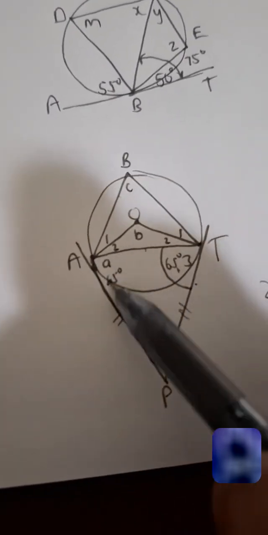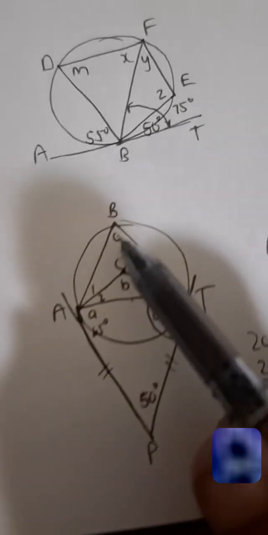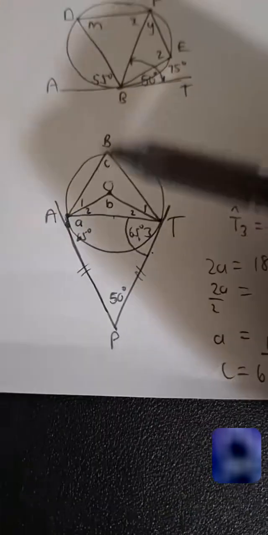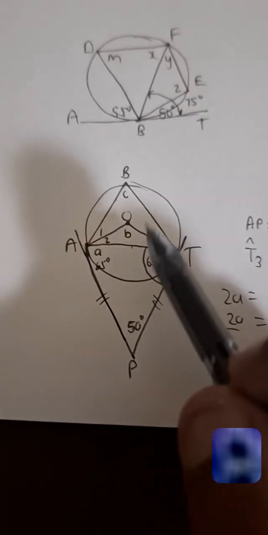So either way, C is equal to 65 degrees. Tangent chord theorem. Very good.